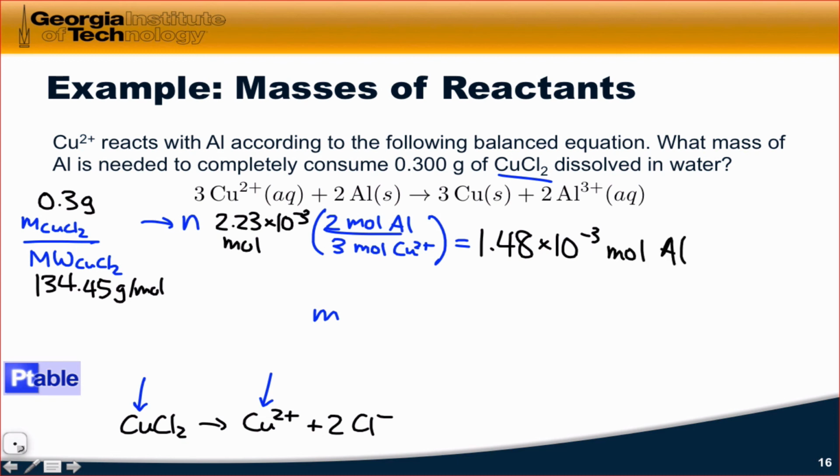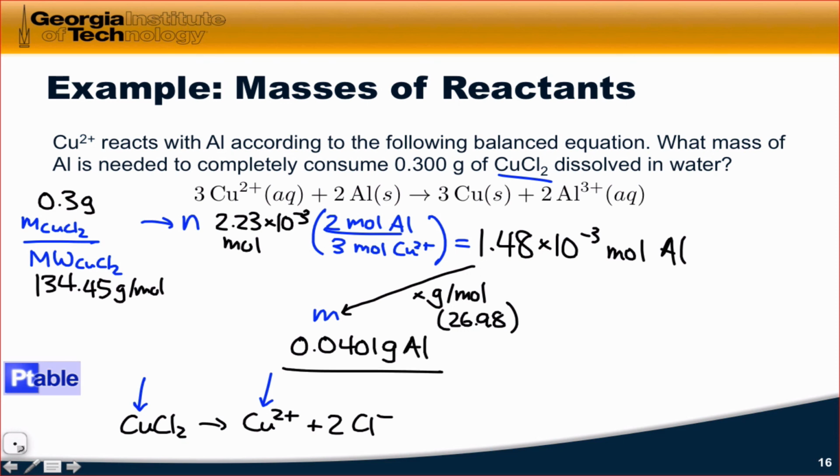And notice this is just 2/3 of the number of moles of copper 2 plus. To convert this to a mass, we can simply multiply by the grams per mole for aluminum. The molar mass of aluminum is 26.98. And doing that multiplication, we end up with 0.0401 grams of aluminum metal needed to completely consume all of the copper 2 plus dissolved in solution when we dissolve 0.3 grams of CuCl2 in water.